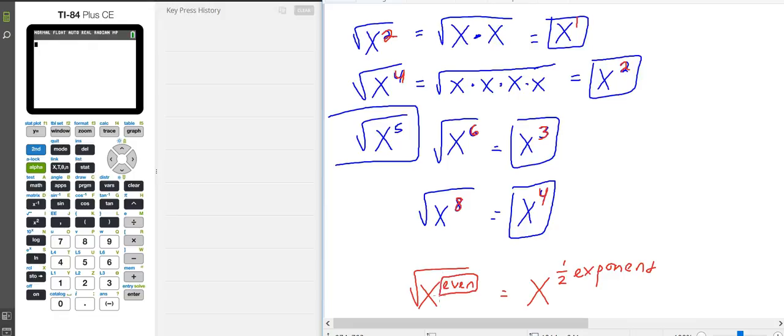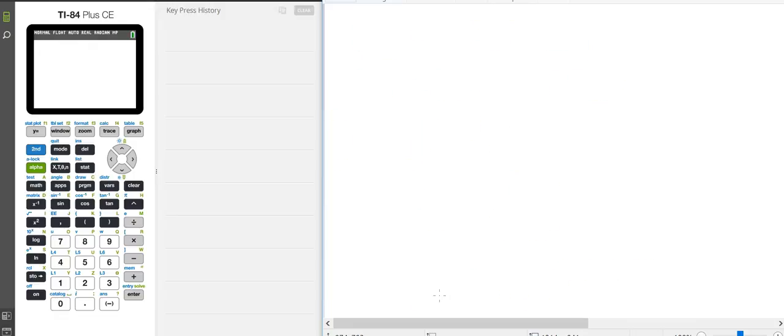Now let's discuss what happens if we have an odd exponent. What would we do if we had a variable raised to an odd exponent inside a square root sign? Let's say we had the square root of x to the third. What x to the third really is, it's the square root of x times x times x. Is there some number that we can multiply by itself to give us x times x times x?